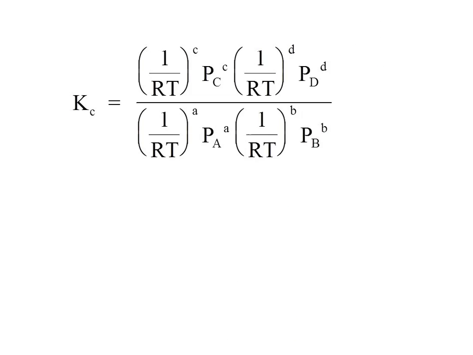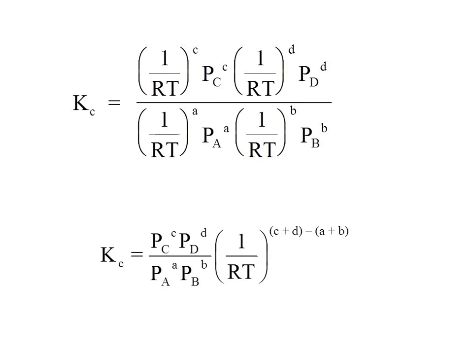All I did was distribute the exponent through the quantity, pulling out our 1 over RT's, and it looks like this. Again, regrouping, our 1 over RT's can actually go into one common 1 over RT, but we have to pay attention to how we're going to handle this in one term. And then I'm going to gather the partial pressures together.